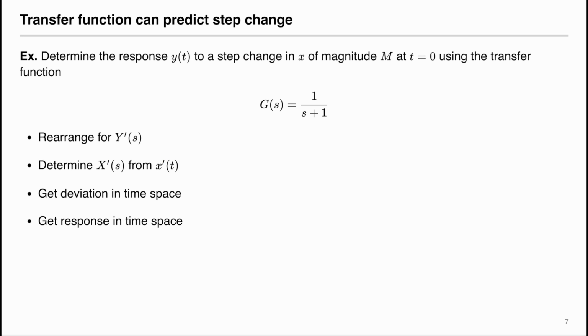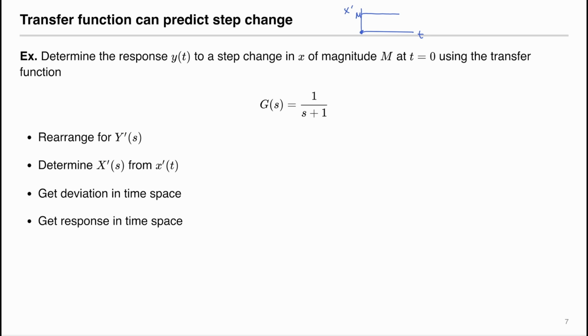So a step change in x means we'll have a magnitude of m. Initially the deviation is 0, then suddenly the deviation comes. That is a step change.